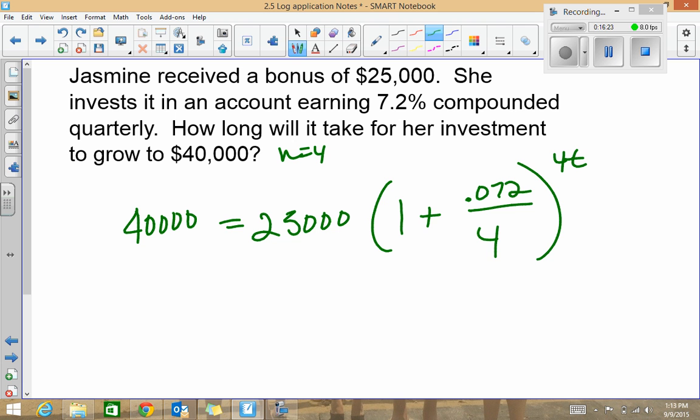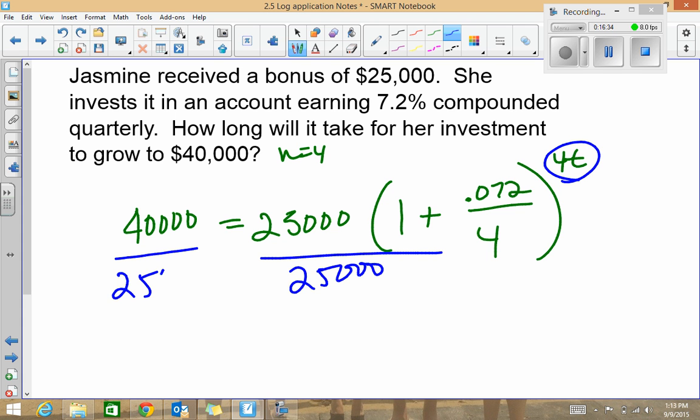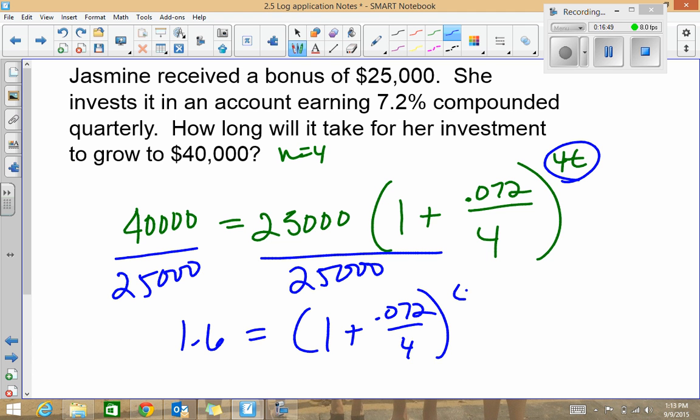Okay? So again, here's our variable that we want to solve for, so we need to convert it to a log. So first we have to get that by itself. So we're going to divide 40,000 divided by 25,000. And we get 1.6 equals 1 plus 0.072 over 4 to the 4t.